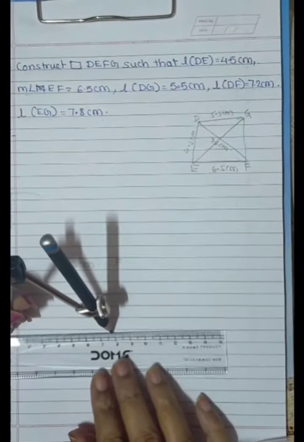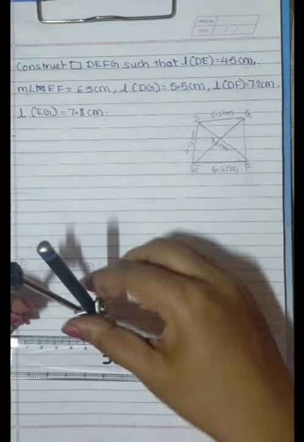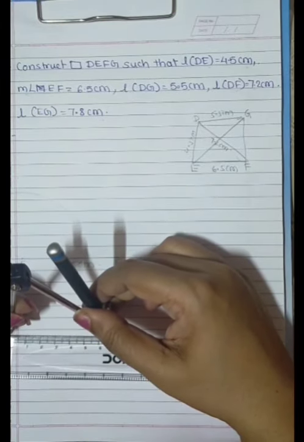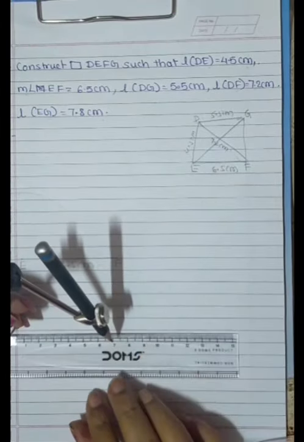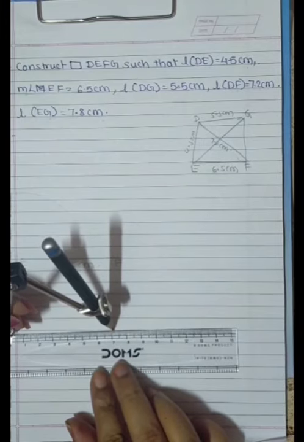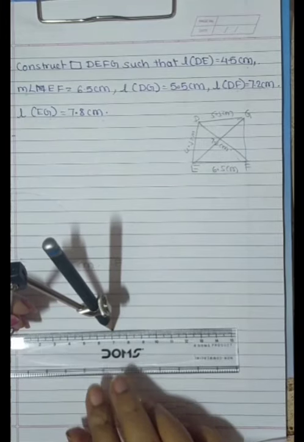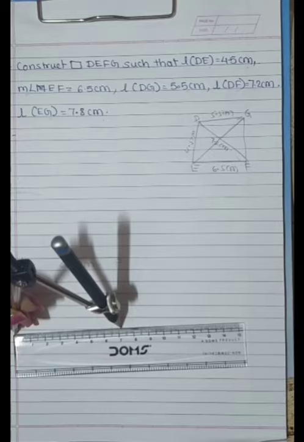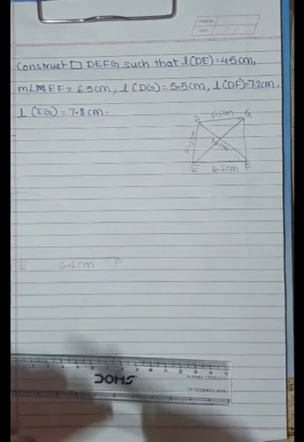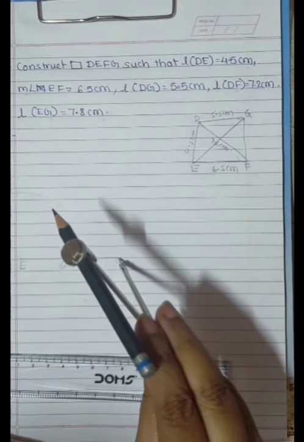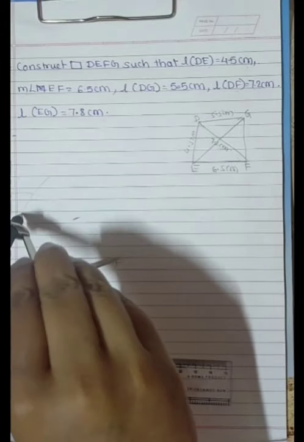I hope it is visible. 7.2 centimeter. I'm going to draw from F. We will draw one arc. Okay.